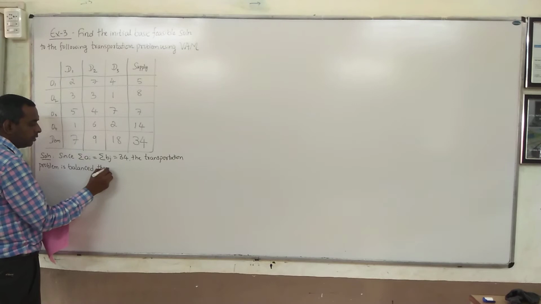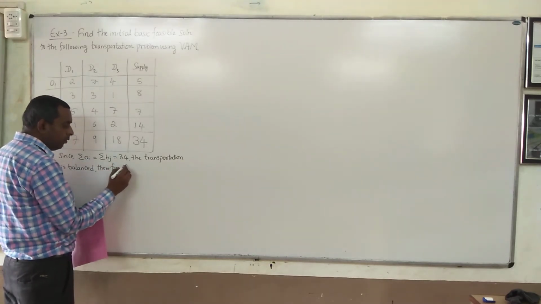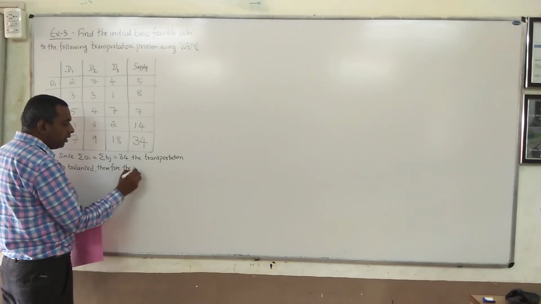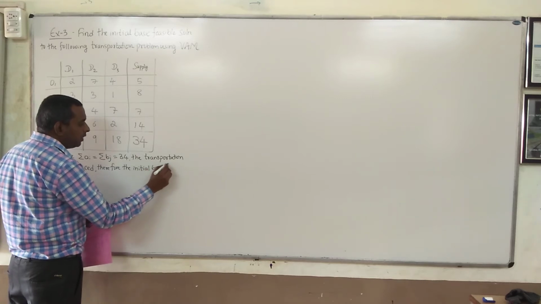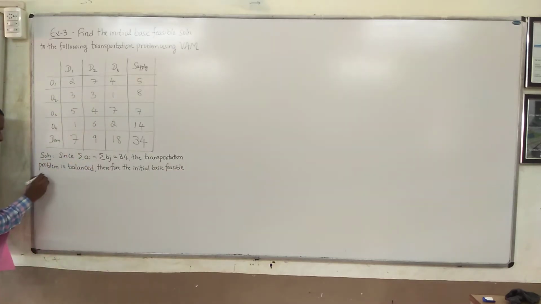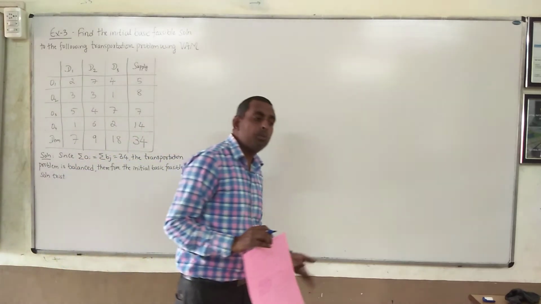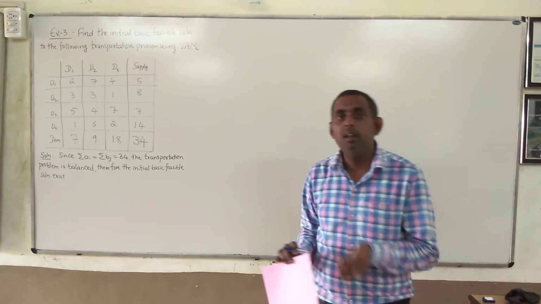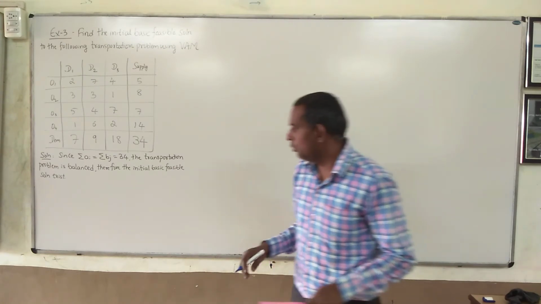Therefore the initial basic feasible solution exists. This is what we are supposed to write. This is compulsory. Unless and until the transportation problem is balanced, we cannot solve it. But in this case, the transportation problem is balanced and we go for the solution.